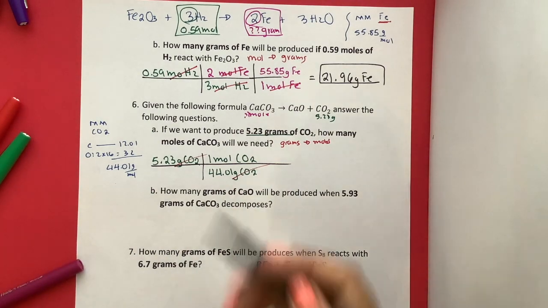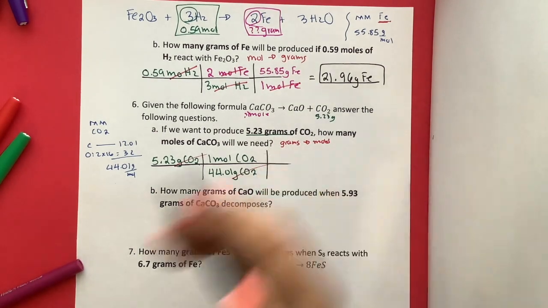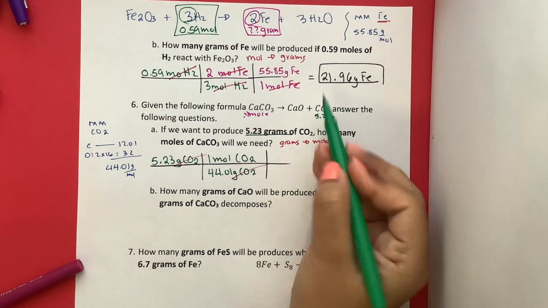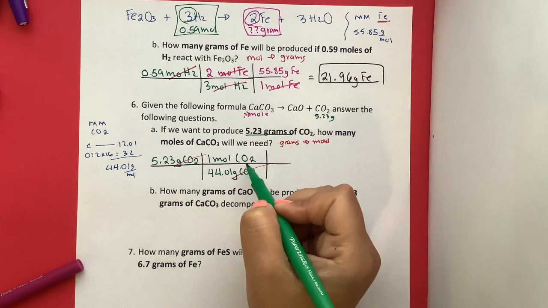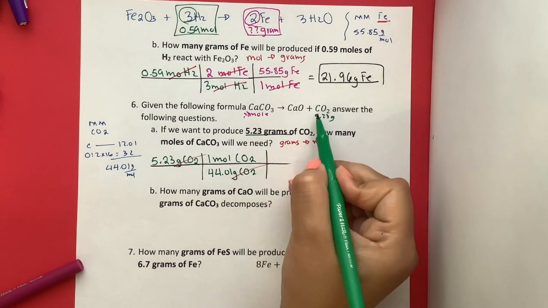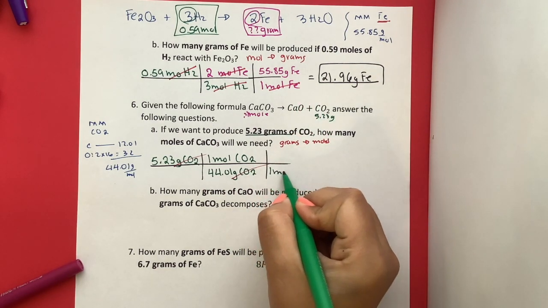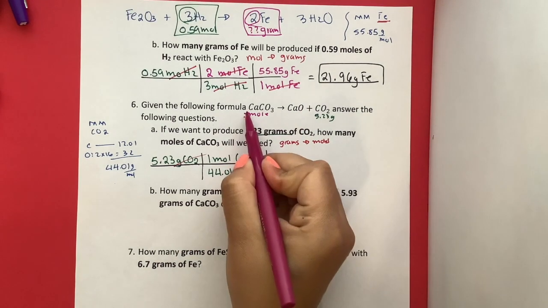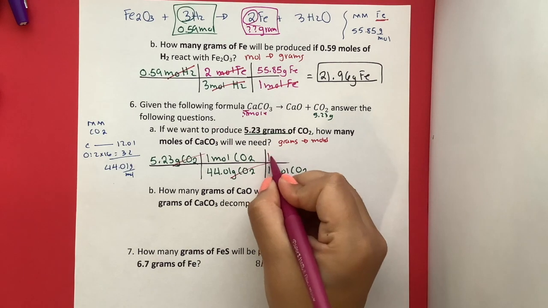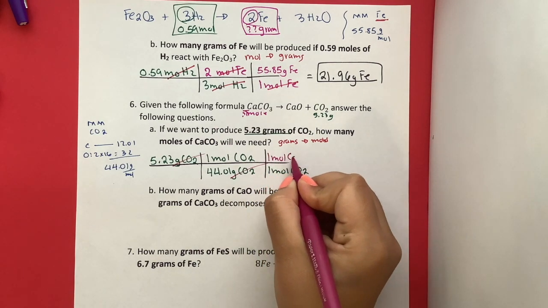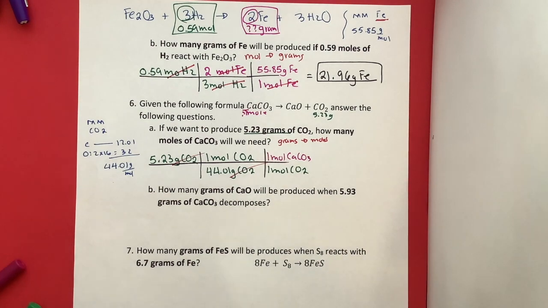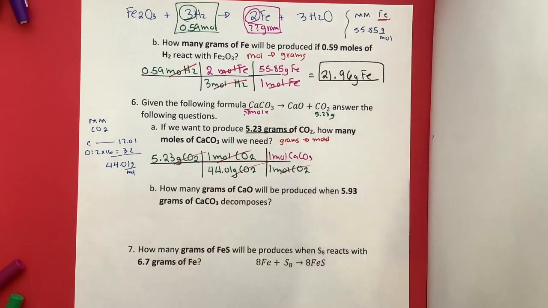Now that I'm in moles of carbon dioxide, I could use a mole ratio to jump from one compound to the next. According to my balanced chemical equation, I have 1 mole of CO2 for every 1 mole of calcium carbonate. The moles of carbon dioxide cancel out.